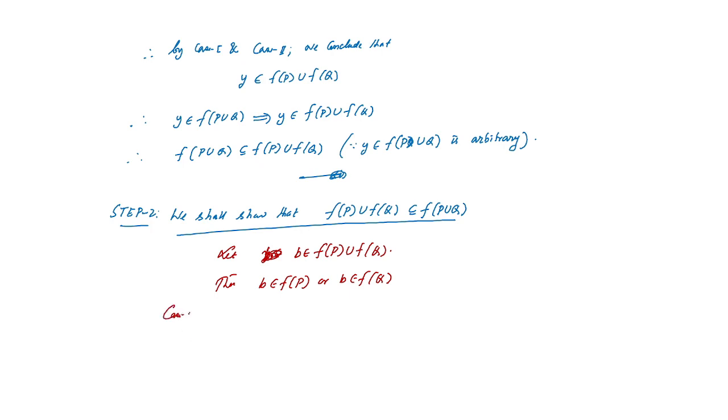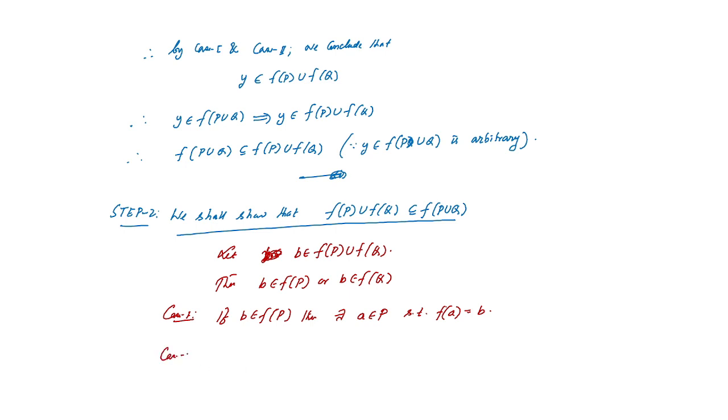Case 1: if b belongs to f(P), then there exists an element a belonging to P such that f(a) equals b.